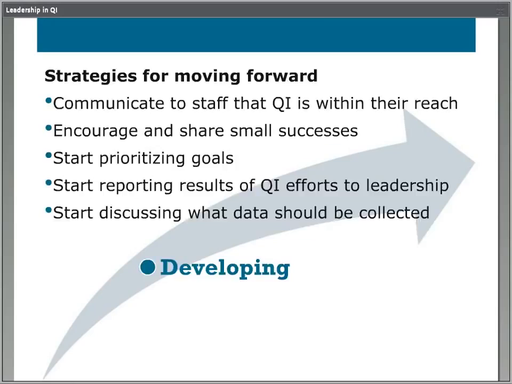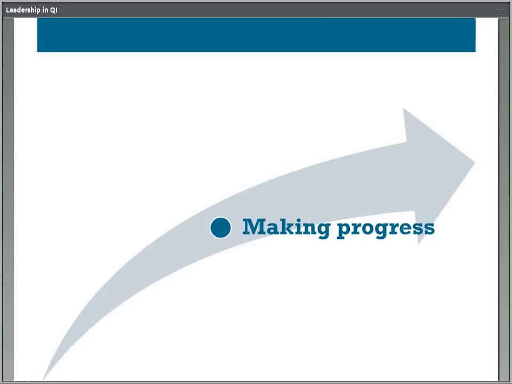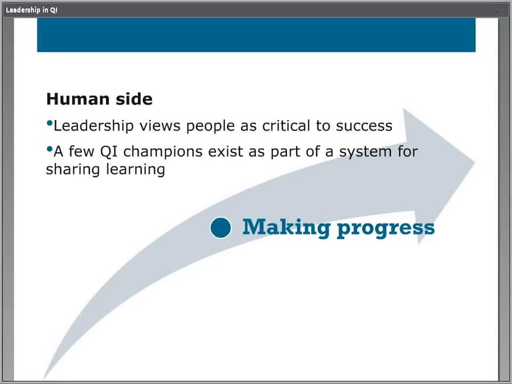So making progress now, we've probably adopted one or some of the QI models, and it's being implemented in specific areas, but it might not be incorporated into the organizational-wide culture yet, but we're certainly making progress here. So at this point, we start to see leadership viewing people as critical to success. It's about the people in your organization.